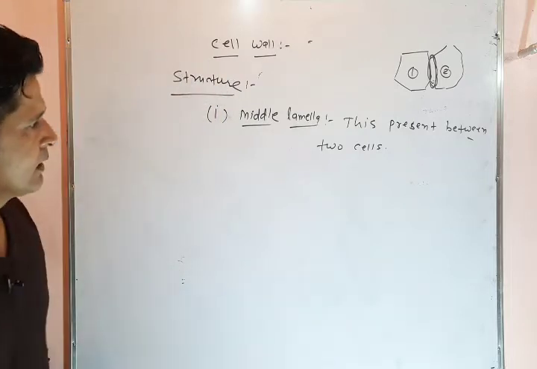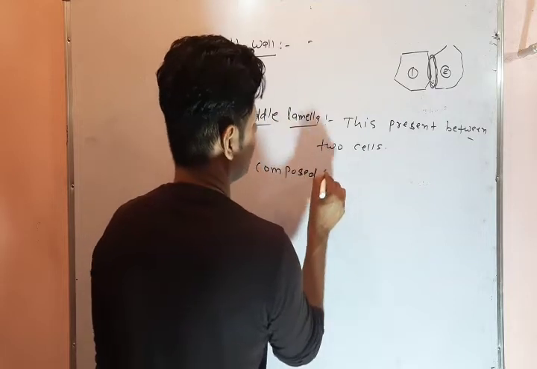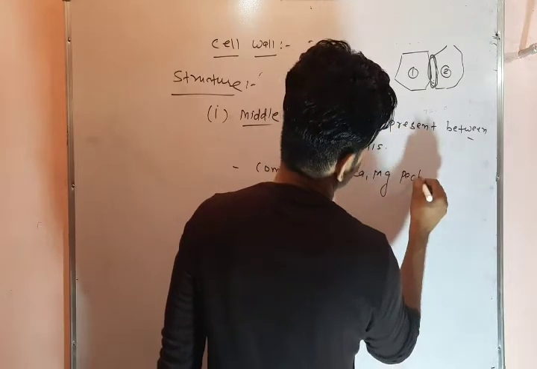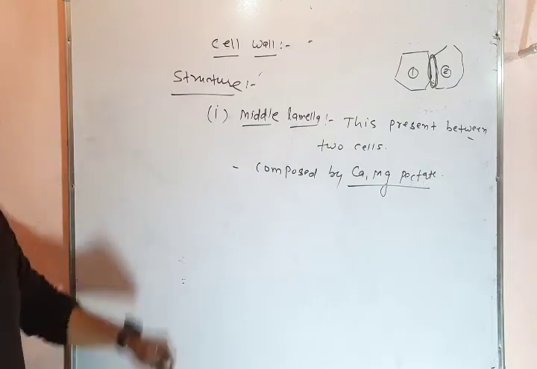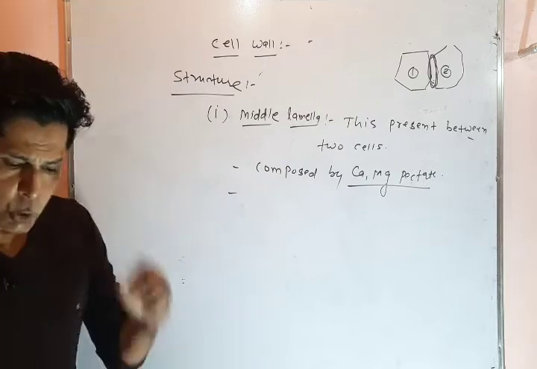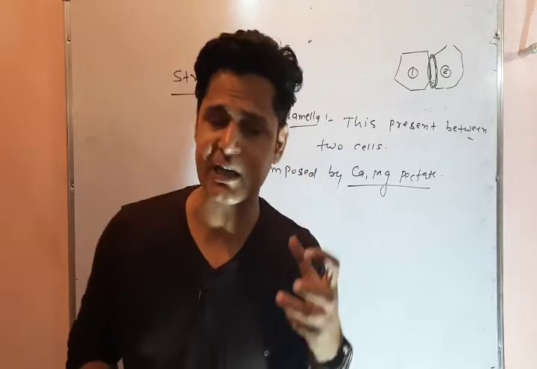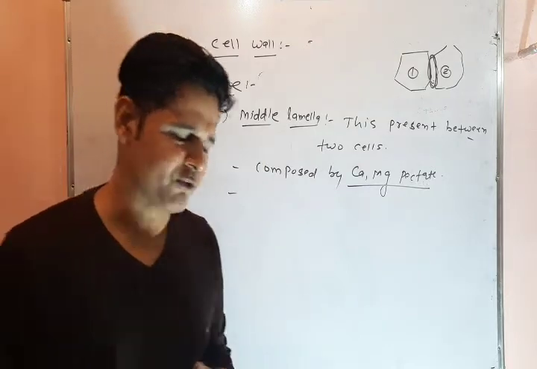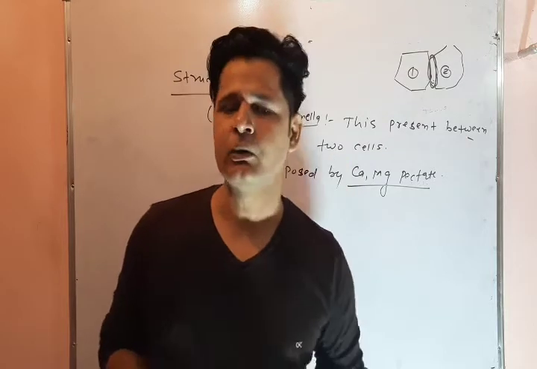Okay. Middle lamella is composed of calcium magnesium pectate. This is the composition of the middle lamella. Due to the presence of the middle lamella, it provides rigidity or a hard structure to raw fruits.